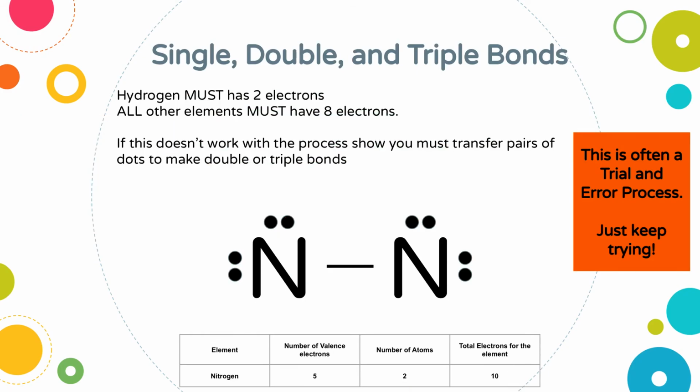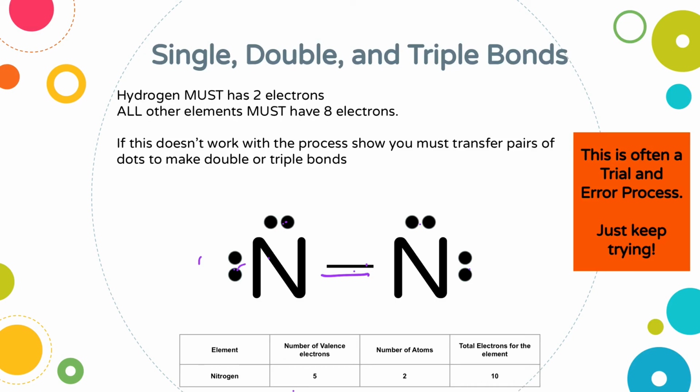Here's another example: diatomic nitrogen. The way this is drawn, each nitrogen has 2, 4, 6 around them, but they want 8, and we have 10 electrons to place. We have the total number of electrons correctly, but we don't have the octets filled correctly. So we'll start by placing a double bond.